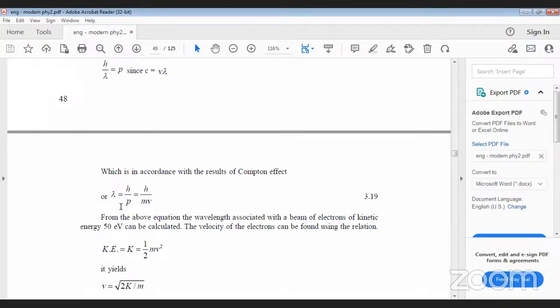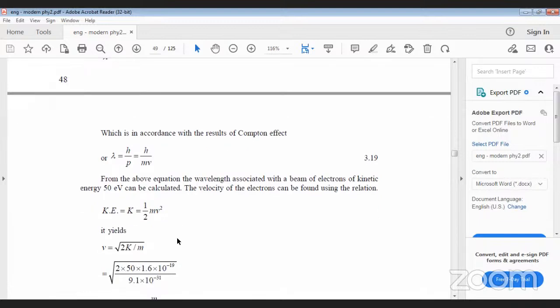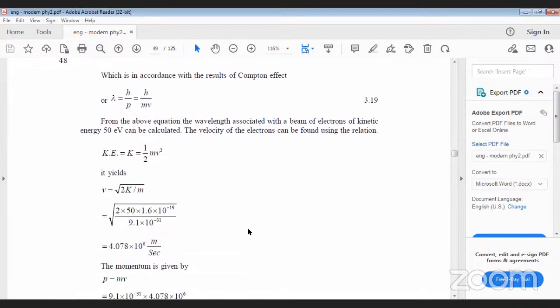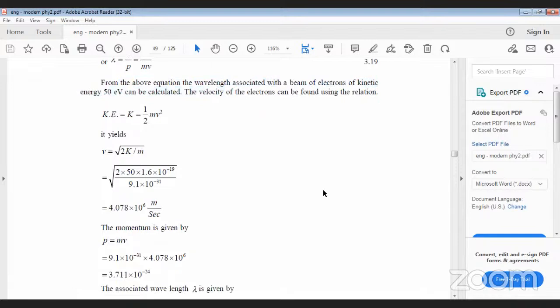P is momentum. The momentum equation is mv, mass into velocity. And you know pretty well the kinetic energy is half m v square. Maybe this question, look.